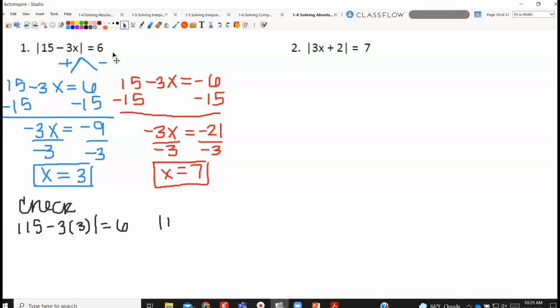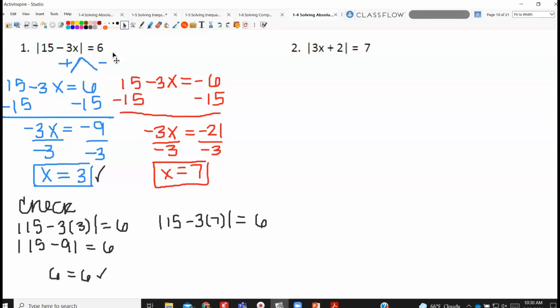And over here, 15 minus 3 times 7 needs to also equal 6. So you get the absolute value of 15 minus 9, which is 6. The absolute value of 6 is 6. So x equals 3 checks.